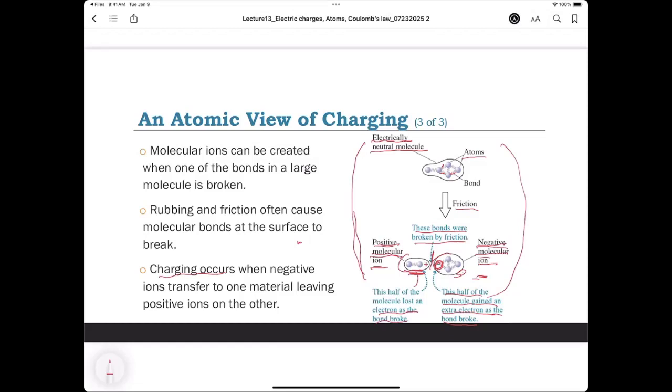When you rub the plastic rod with silk, the negative charge transfers to the rod, and the positive charge stays on the silk, so the plastic rod will have the negative charge. Sometimes it is opposite, but it is a similar situation.